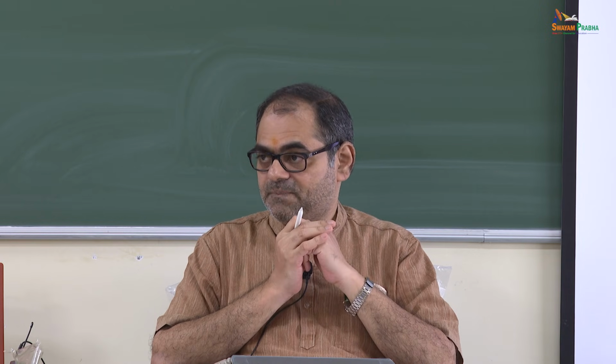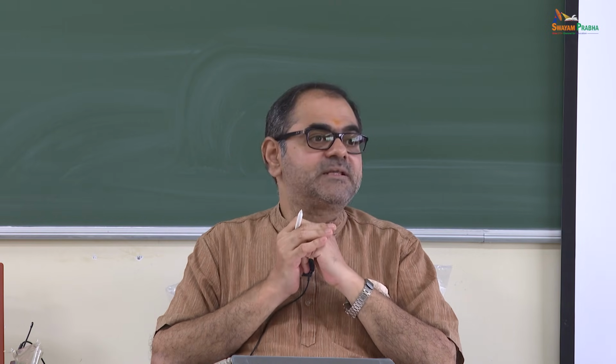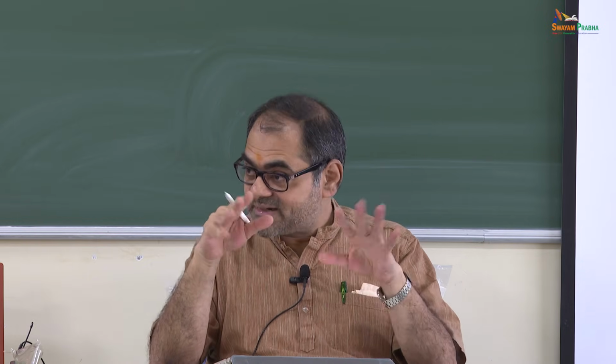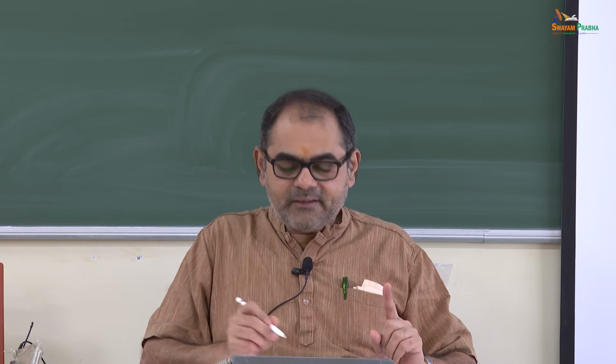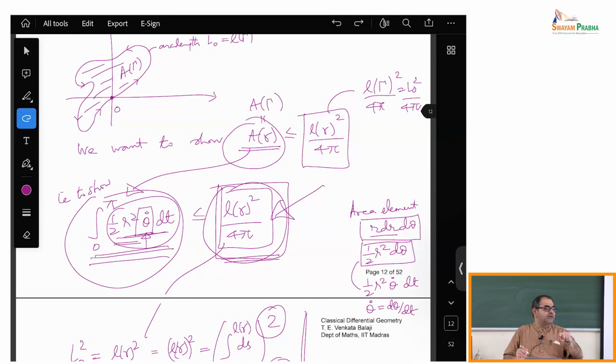What you will get is the area above the x-axis minus the area below the x-axis. If you want really the area under the curve, you have to integrate the modulus of f. Otherwise, whenever the curve goes below the x-axis, that portion of the area will come out negative and get subtracted. The same kind of thing can happen to this integral if you blindly integrate half r squared theta dot.